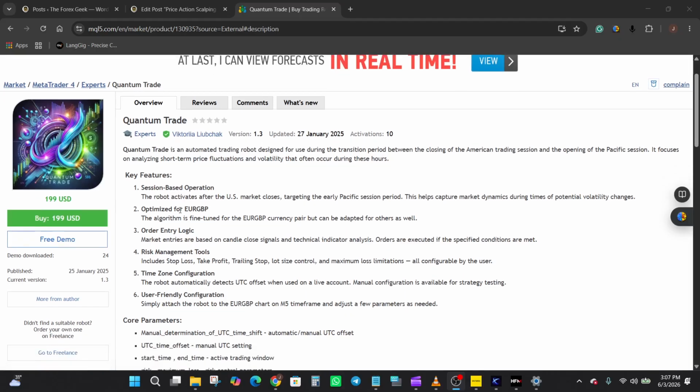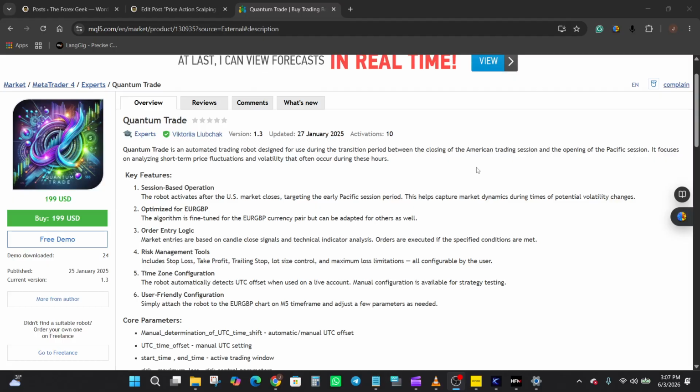Scrolling through the description, the main idea behind this EA is pretty clear. It is designed to trade during a specific market window, basically the transition period after the US session closes and before the Pacific session fully opens. All right.